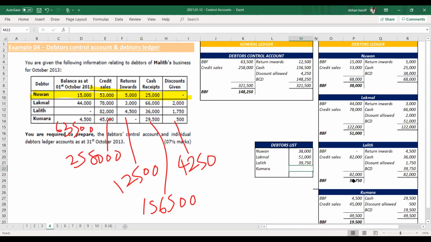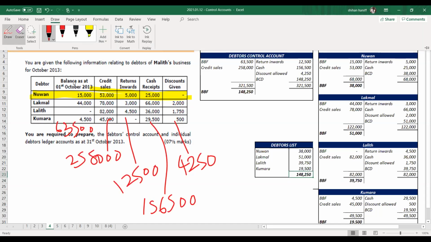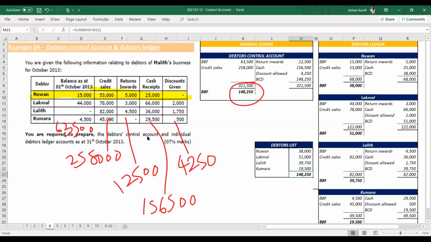Kumar is having 38,000, Lakmal 51,000, Lalit 39,750, and Kumara it's 19,500. So the total of debtors list is 148,250. You can see control account total equals to debtors list total.